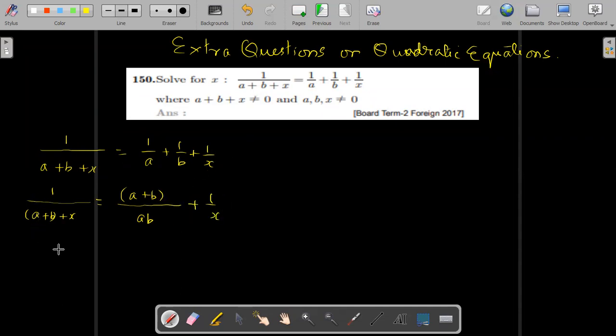Then this 1 by x we can take to the left hand side, because x should be taken on one side. So we can write 1 upon a plus b plus x minus 1 by x is equal to a plus b upon ab.